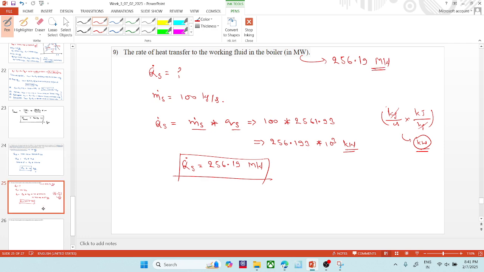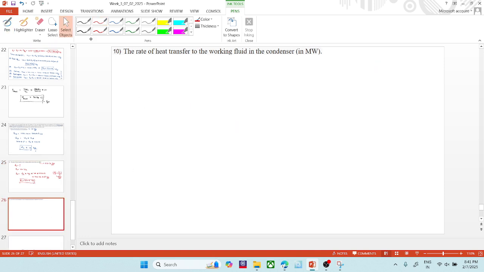Moving to the last problem, they have asked the heat transfer to the working fluid in the condenser. Basically, it is the heat rejected in the condenser, which we have already calculated specifically.